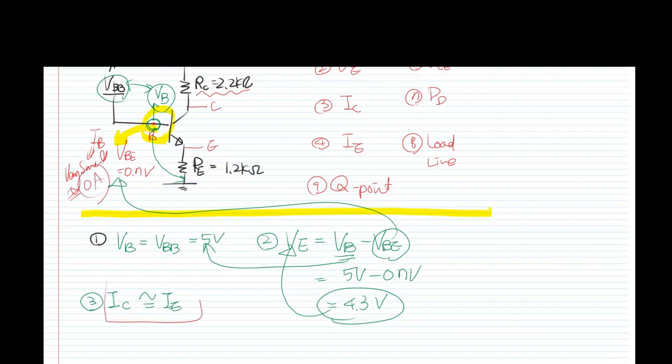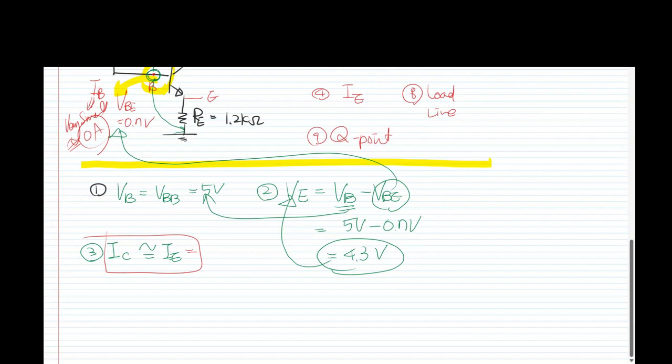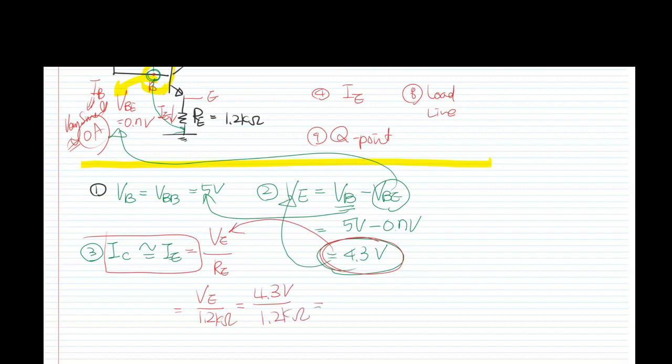This is why I sub C is almost equal to I sub E. To find I sub E, that was V sub E divided by R sub E. R sub E is 1.2 kilo ohm here, and we have already calculated V sub E. Plug in: 4.3 volt divided by 1.2 kilo ohm.